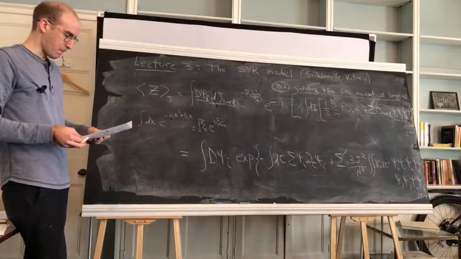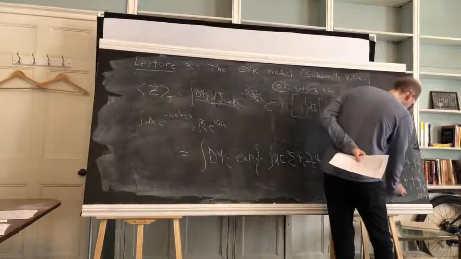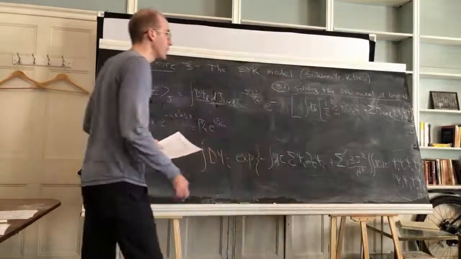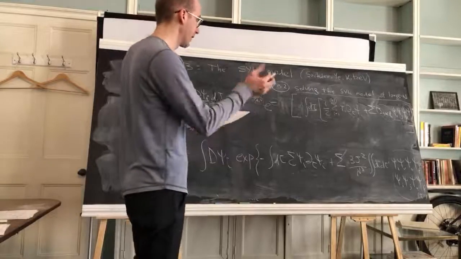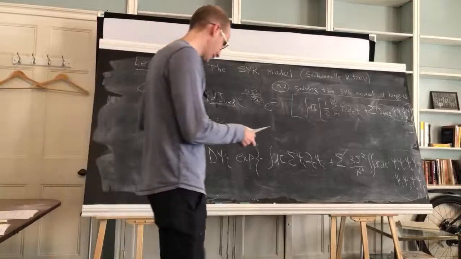Okay, the next thing we need to see is that these fermions over here obey our anti-commutation relation. So I can start anti-commuting them to get one next to the other.